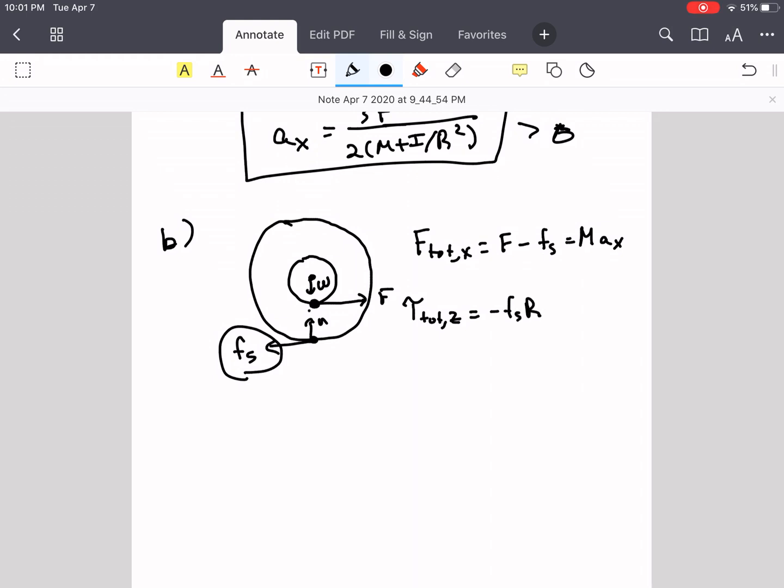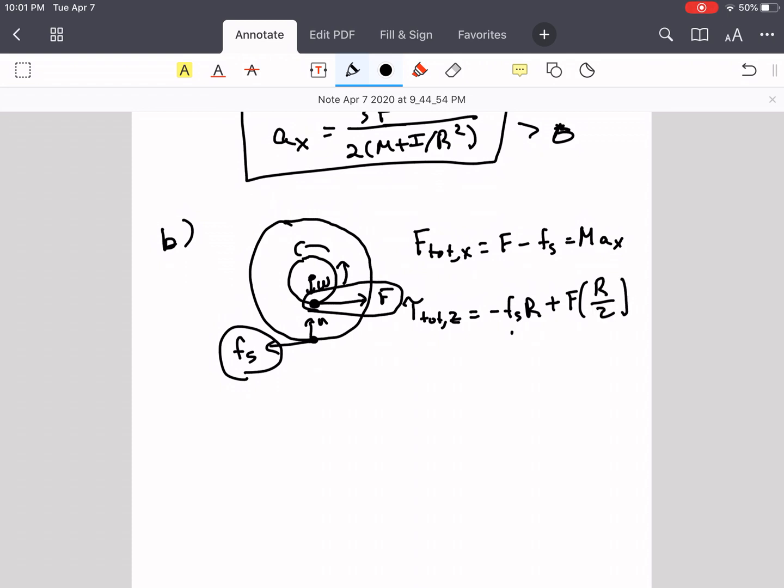But now let's take a look at this capital F. Does that now want to cause clockwise or counterclockwise rotation? It wants to cause counterclockwise rotation, meaning that's plus capital F times r over 2. And where the intuition on this problem breaks down is that it seems like it wants the object to move to the left.